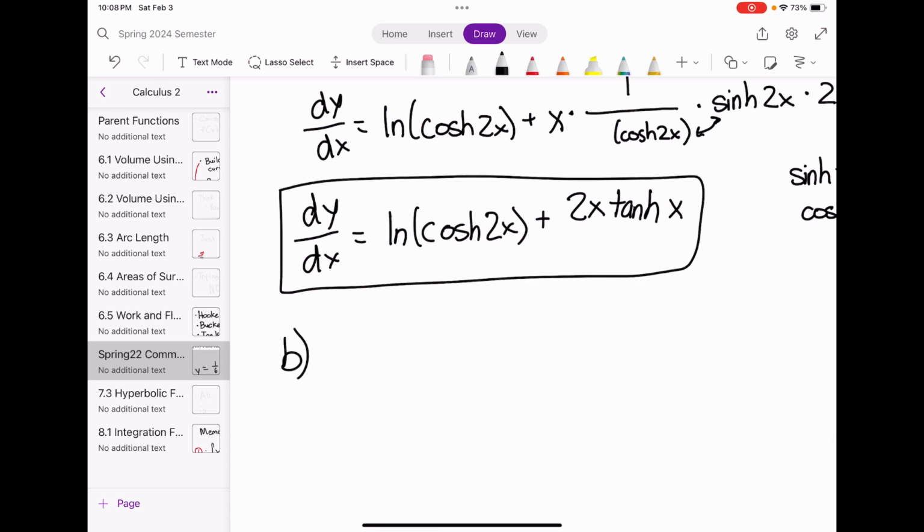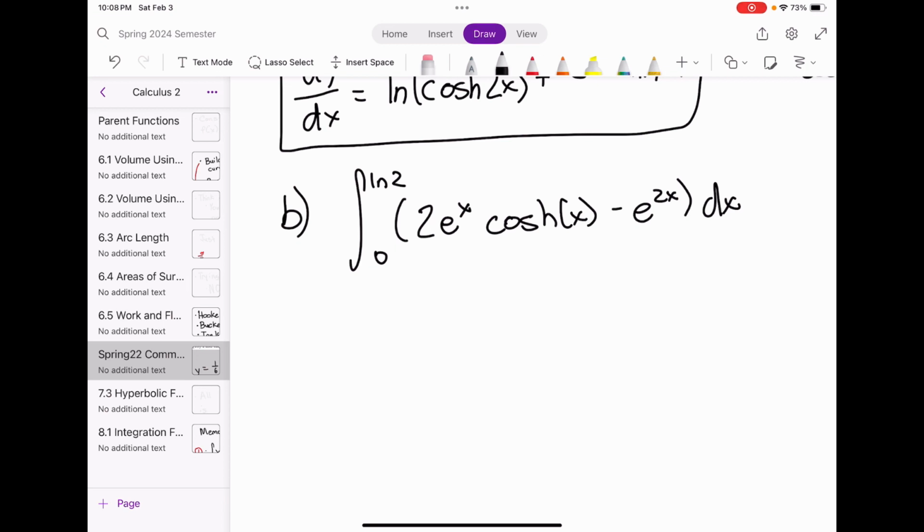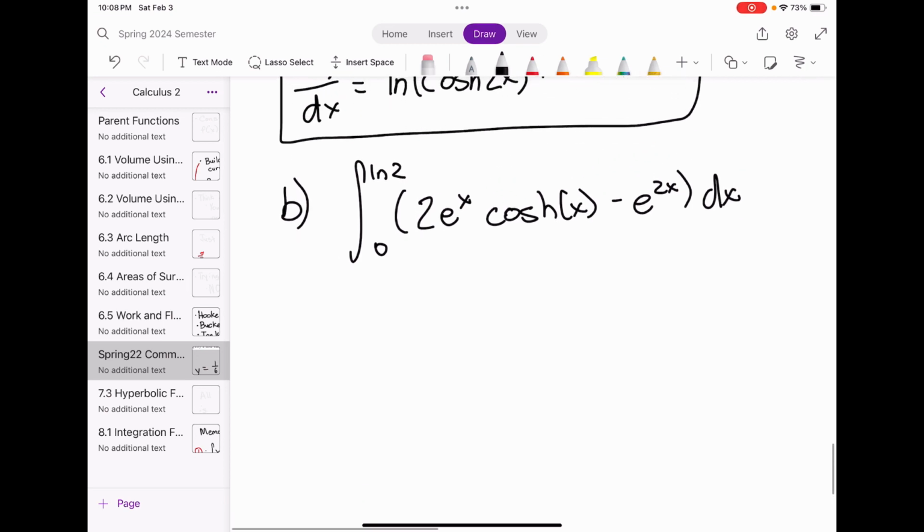Part B, which is also hyperbolic cosine, so they give the integral from ln of 2 to 0 of 2 e to the x cosine h of x minus e to the 2x dx. That's a good question.